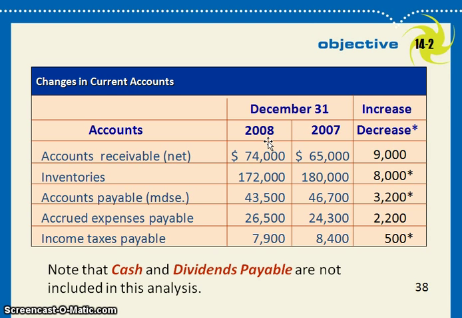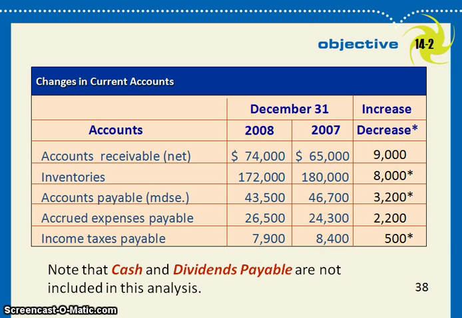That means that less people are paying us than did last year. Think about that. That means we have less cash in our pockets. Last year, people owed us $65,000. This year, people owe us $74,000. So really, from a cash perspective, we're a little bit cash poorer, right? So this has been a decrease to our overall cash.